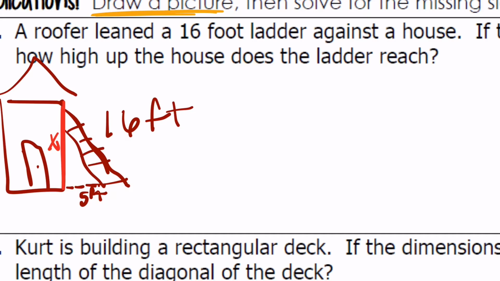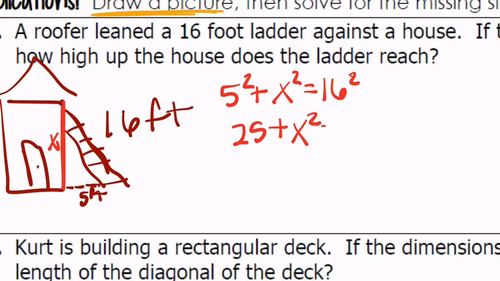So I would have 5 squared plus x squared equals 16 squared. All right. So then 25 plus x squared equals 256.